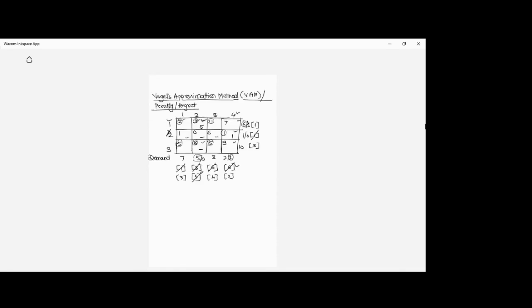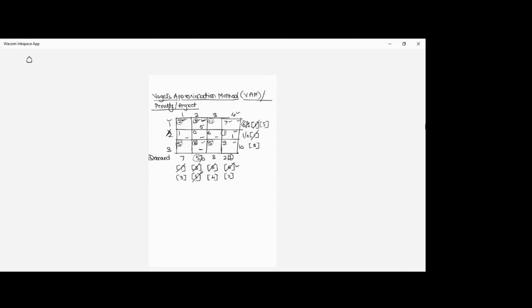So recalculating the penalties for the rows as well. Here the least value is 2, and the second least value is 7. So 7 minus 2 will be giving me the penalty of 5, right? And again, row 2 we are not going to consider.